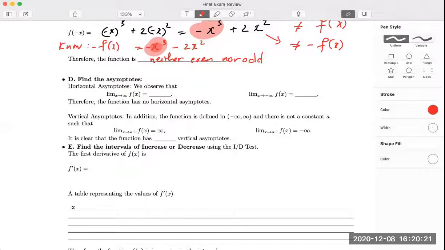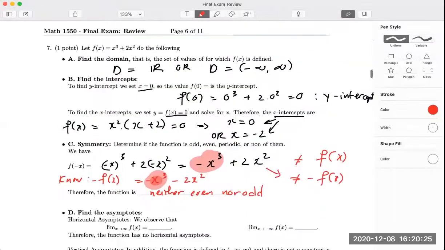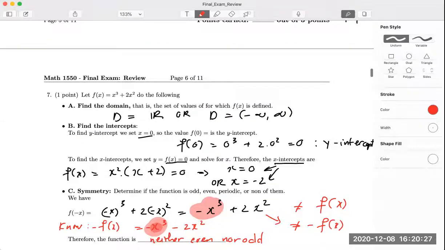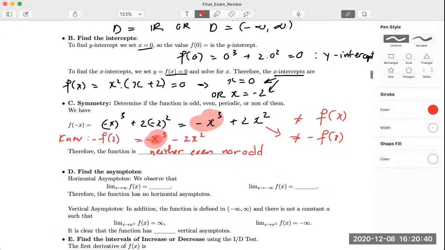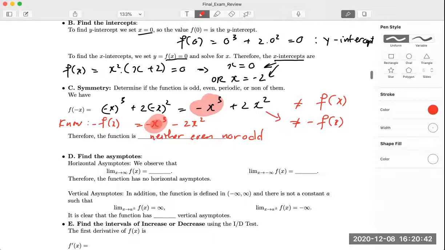For the horizontal asymptote, let x go to infinity. We see that when x goes to infinity, the highest order here is x cubed, right? So a very big number raised to the power of 3 becomes a very big number, or we denote it as positive infinity.